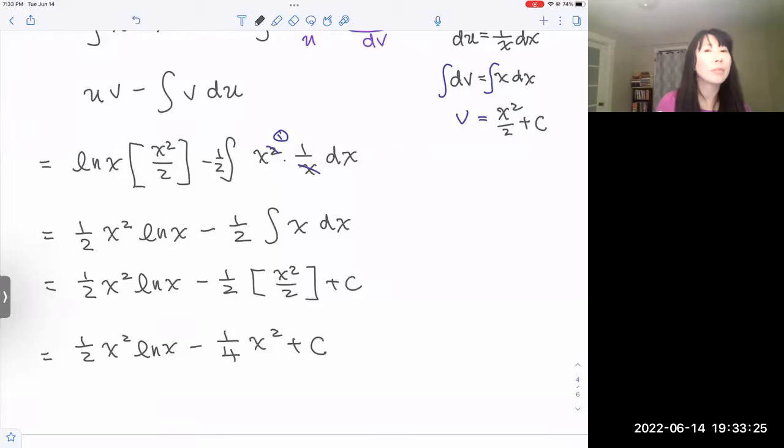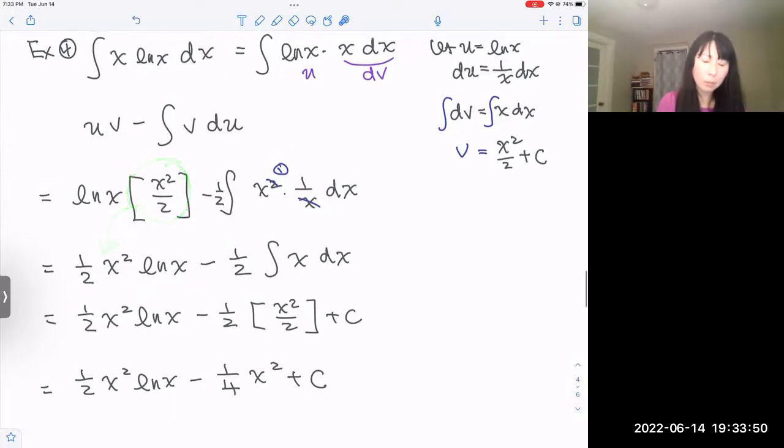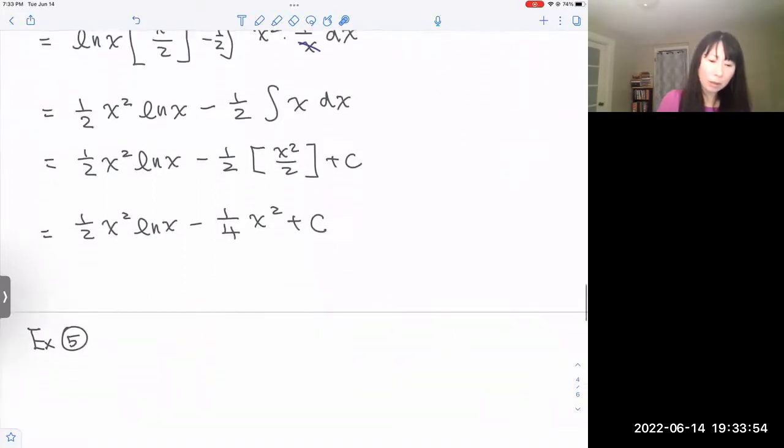So the three steps before, the third step, the final one, 1/2 x squared ln x, minus 1/2. Third one. Yeah, that one. I'm just trying to see where this 1/2 I wrote down is coming from. Is that x squared? Oh, I see. Okay, I see enough. Okay, thank you.